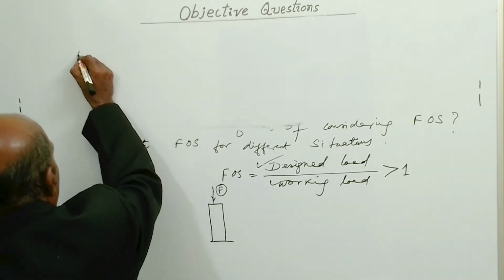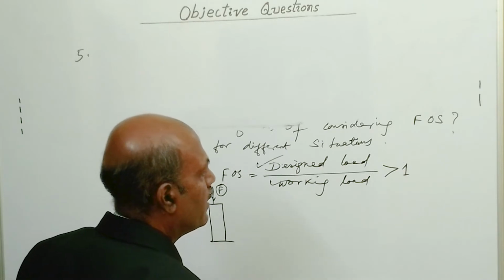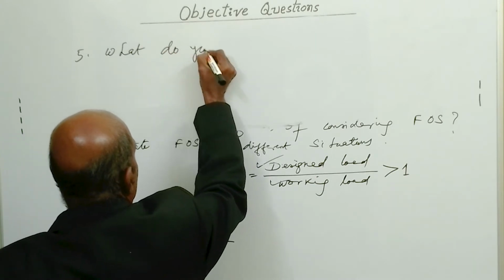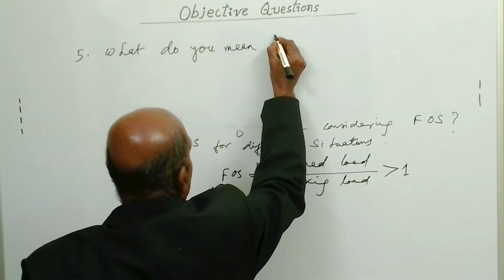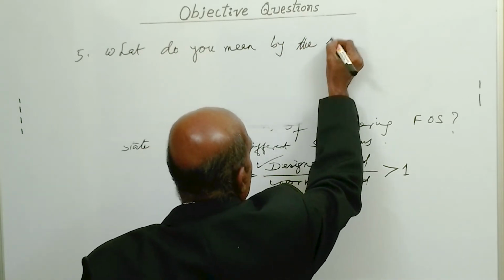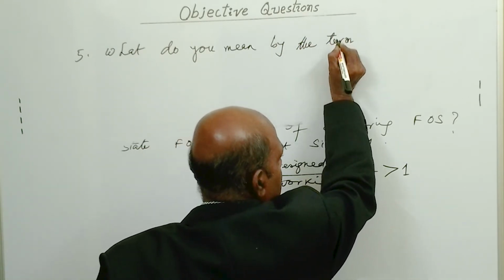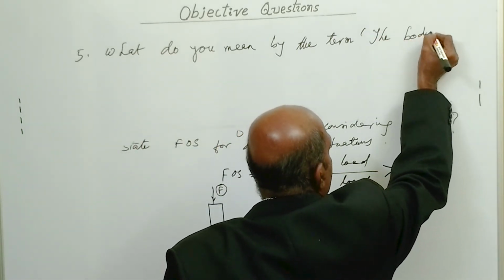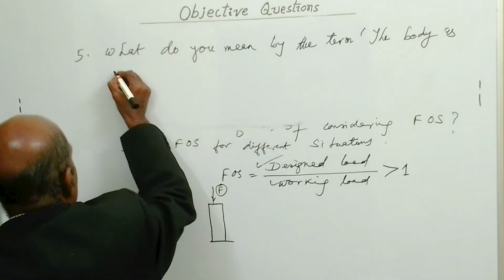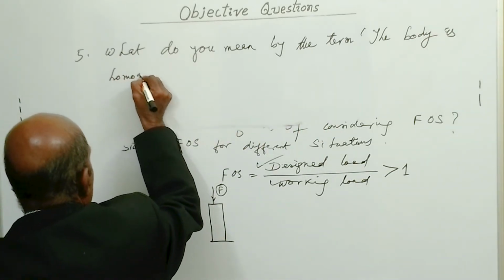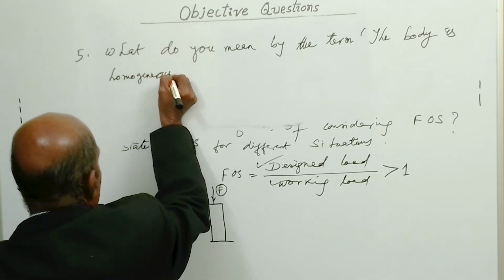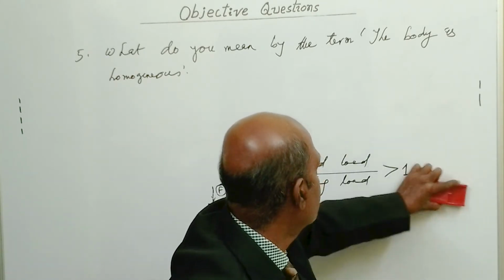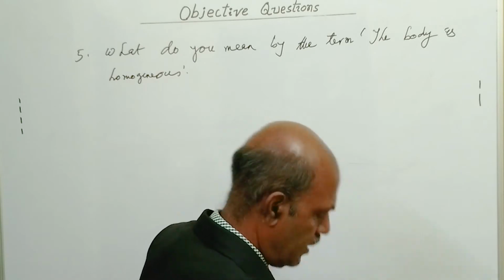That is question number 5. What do you mean by the term, the body is homogeneous? This term is used again and again in various subjects like strength of material, machine design and other subjects.